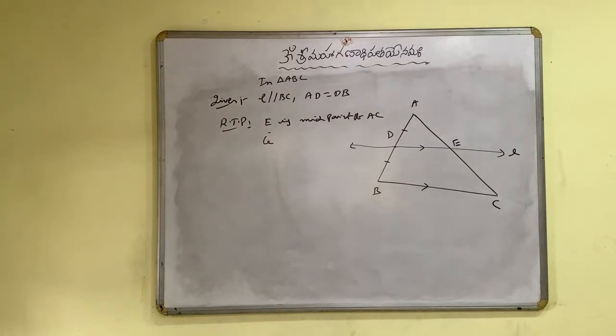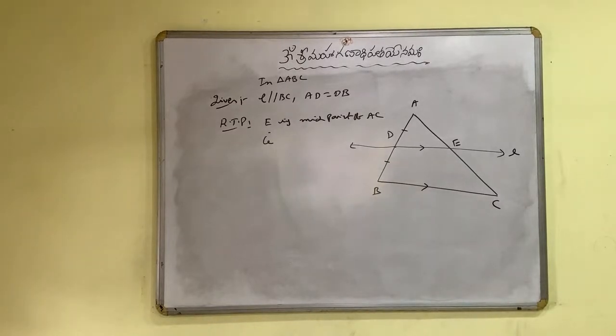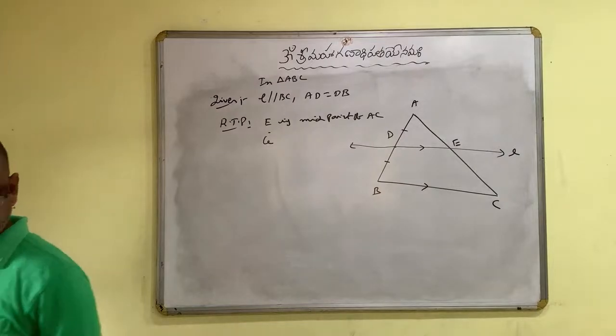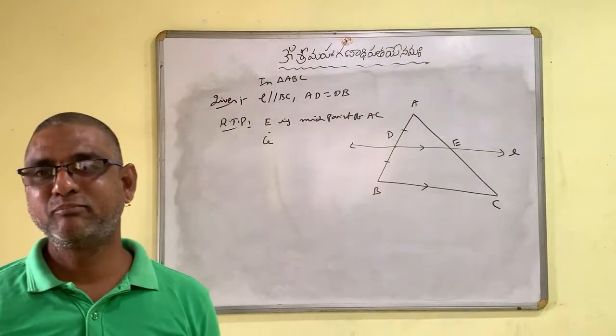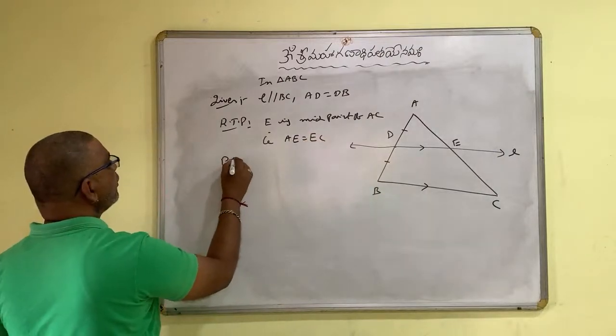Kriti, very good. AE is equal to EC. Good. Proof.